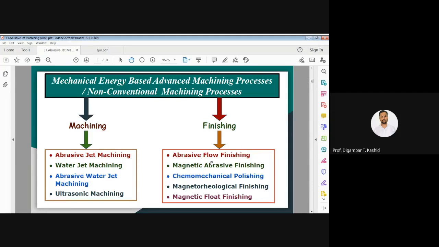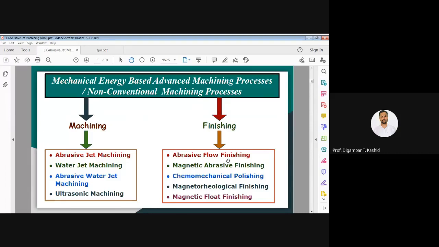So in the second column, or second table, you will get the finishing processes, with the help of which we can achieve micro or nano level surface reference value. That surface reference value is normally denoted by Ra value.